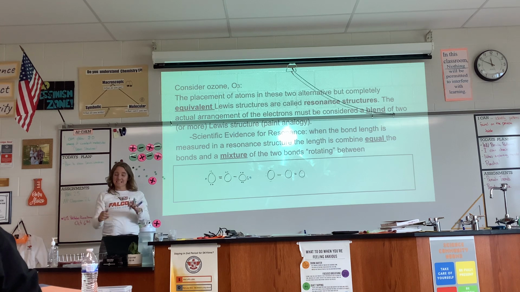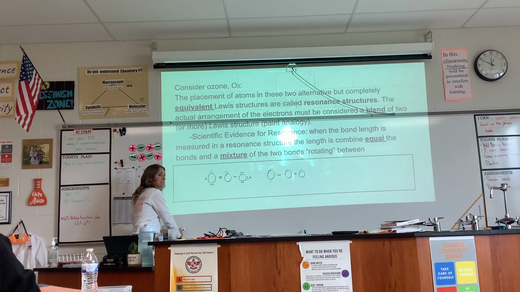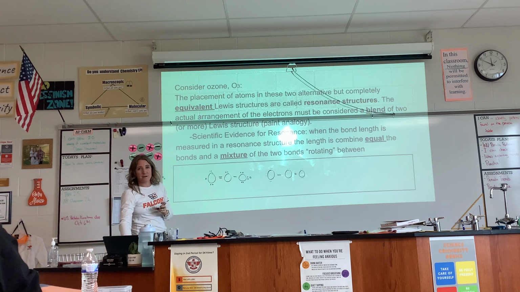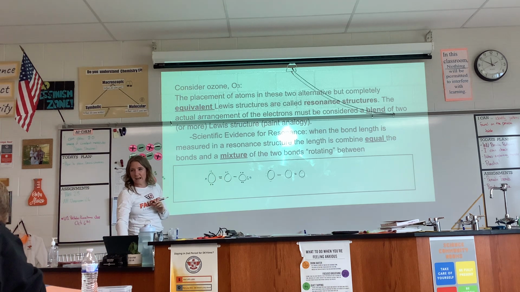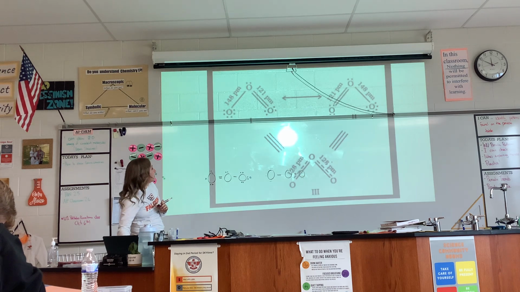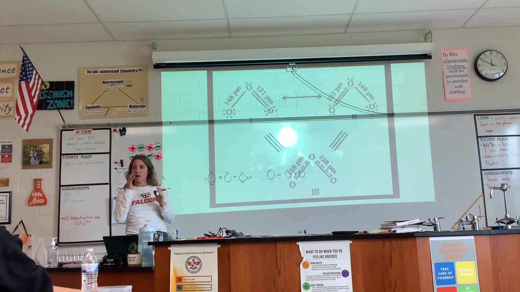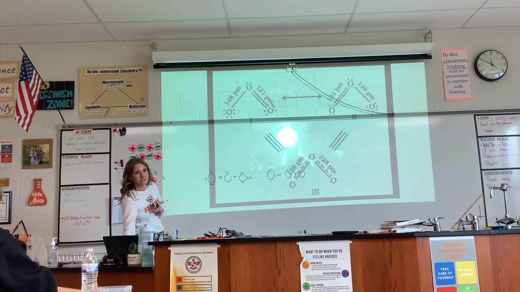Scientists found something very interesting with molecules like this. They have a way in which they can actually measure the length of a bond. So I'm going to show you the data of what they found, and let's see if we can figure out why it was interesting. A normal oxygen to oxygen double bond, so anytime there's an oxygen bonded to oxygen, the length of the bond is 121 picometers.